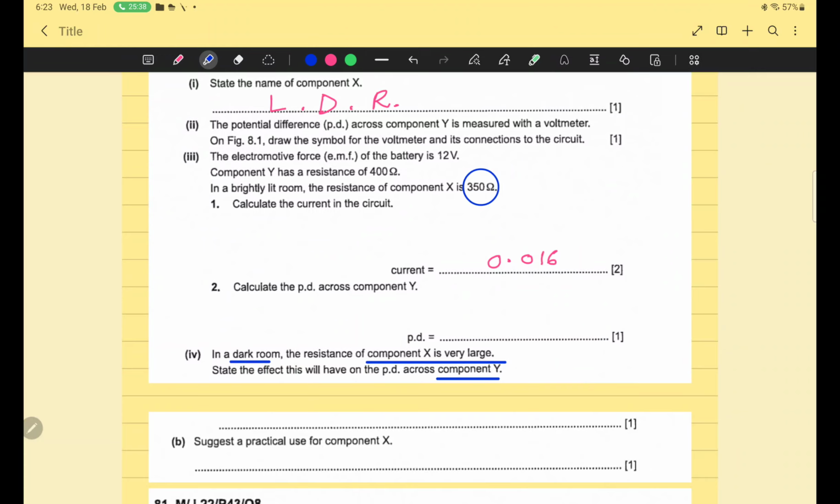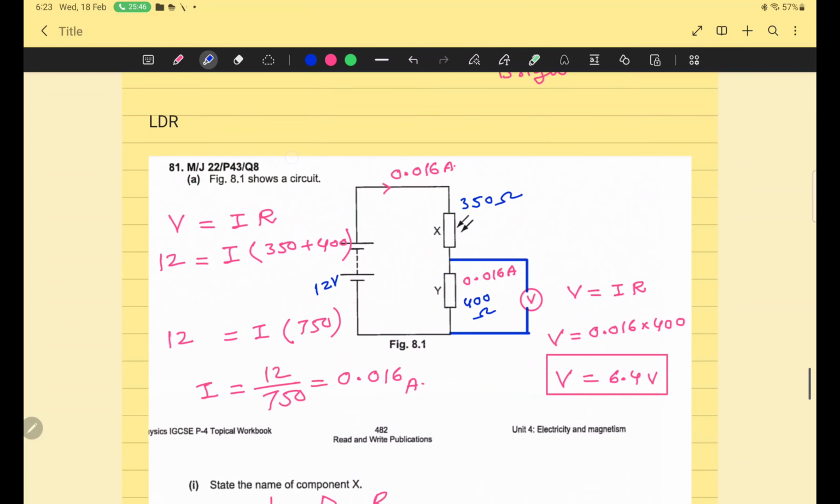X and Y are connected in series. If the resistance of X is high in a dark room, then its voltage will be high in the dark room.